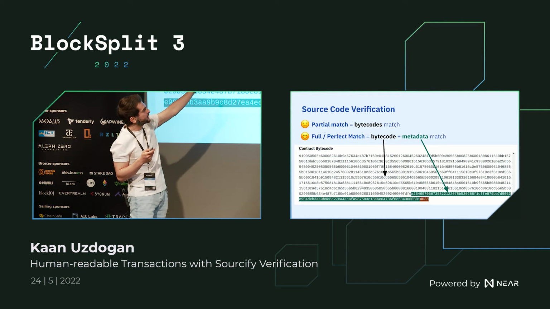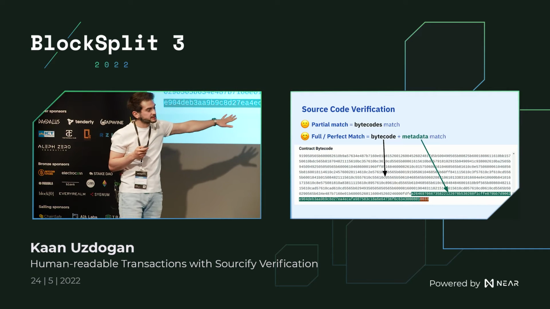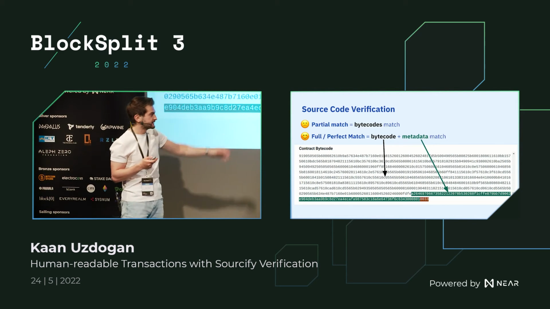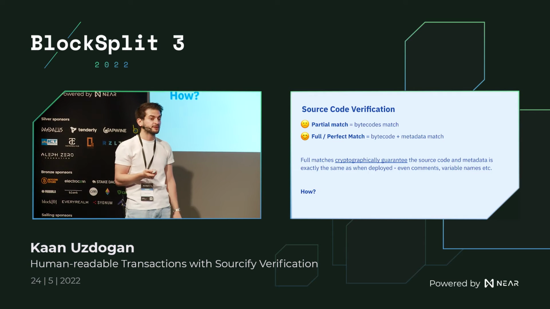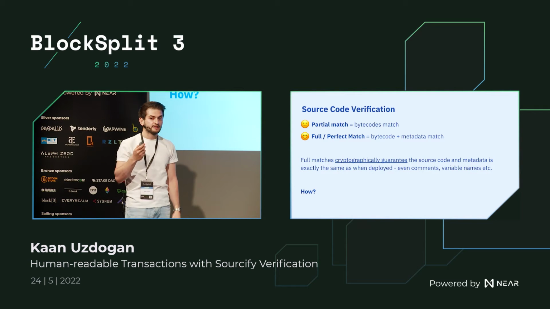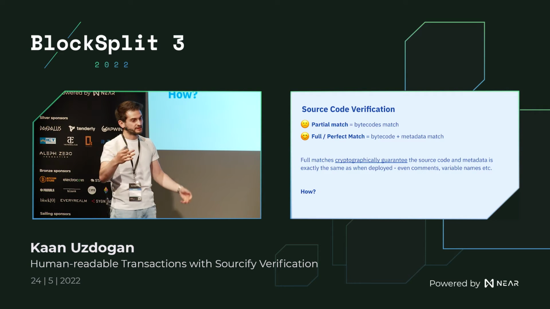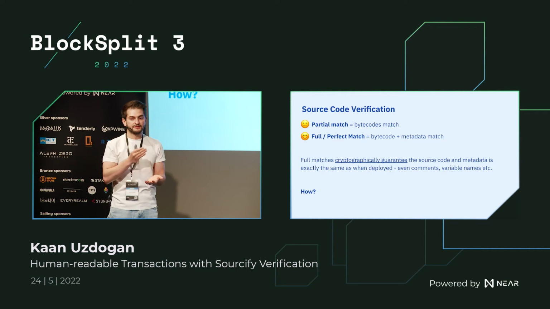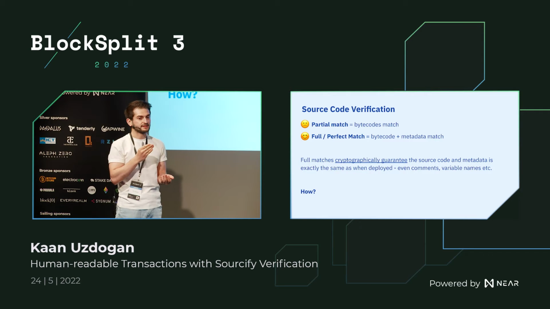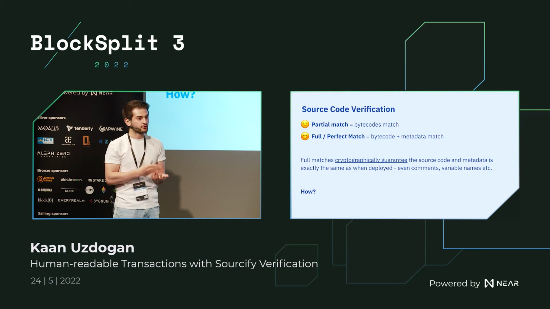And if you have a perfect match, you have this bytecode plus the metadata field at the end. And this cryptographically guarantees us that what you see is actually what has been put by the developer. It's byte by byte the same thing deployed on the blockchain. It doesn't even differ in a byte, in a comment, in a variable name.